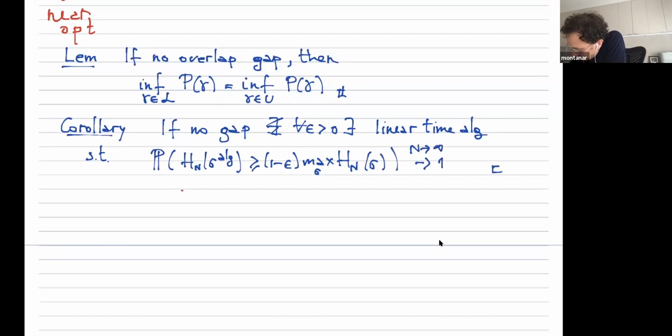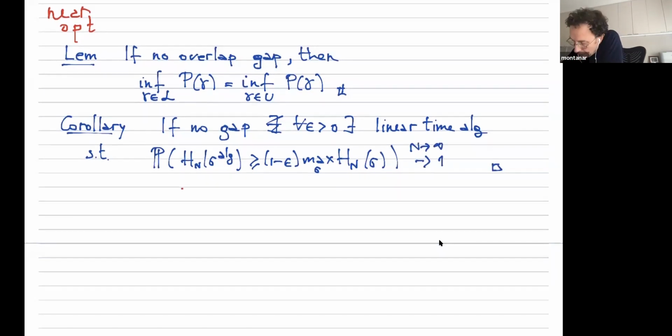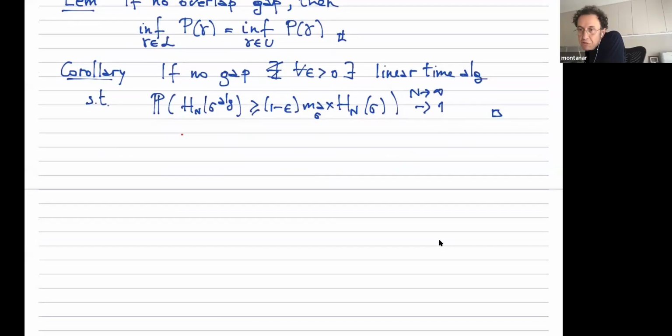Now, one might wonder, two natural questions. First, is this case empty, of no overlap gap? The answer is no, but at least in physics there is a widely believed conjecture, and this is really one of the most interesting open problems in spin glass theory: for the SK model, there is no overlap gap.